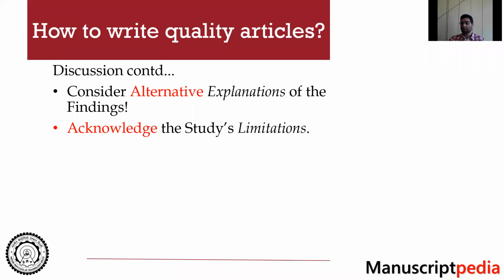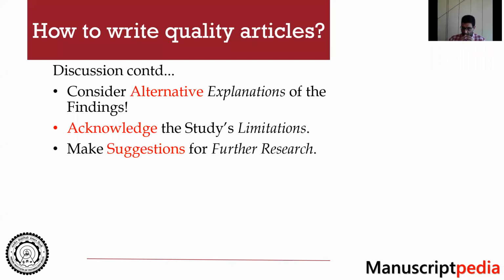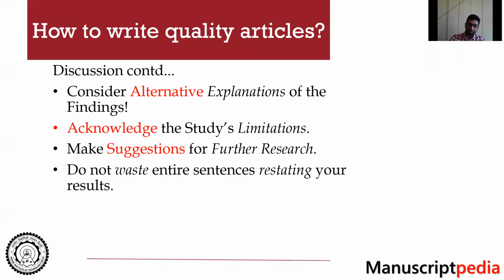Over here again, you should acknowledge the study limitations, which speaks of your sincerity and transparency. In this section, you should also make suggestions for future research. If people start identifying that this researcher also states future research, your paper will be read more and more, and you will get more citations. More citations, more benefit.